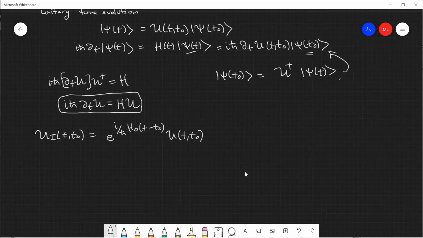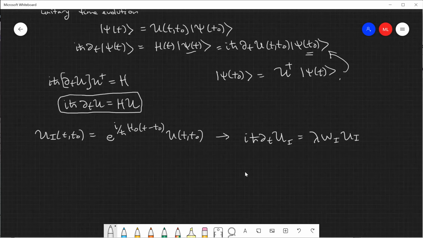And moreover, you can get from that directly by applying a time derivative, just as before, that the equivalent Schrodinger equation for U in the interaction picture now is just that it obeys the Schrodinger equation, but with the perturbation only.